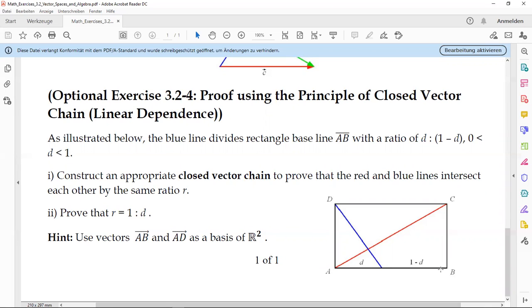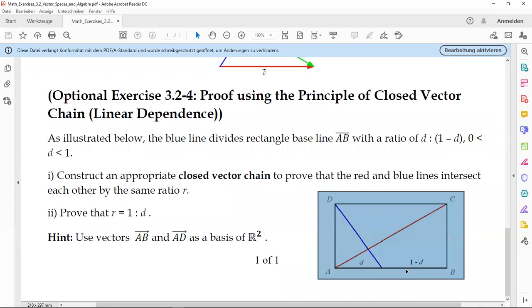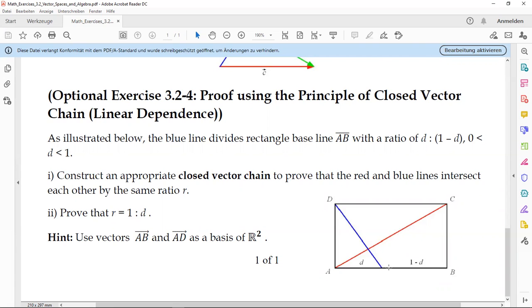So it means that the blue line arriving from here divides this baseline AB with a ratio of D by 1 minus D. In this example, it would be 1/3 in relation to 2/3. You could also say, if you bring this to lowest whole numbers, it's like 1 in relation to 2, because you could say this section is then twice as long as this one.